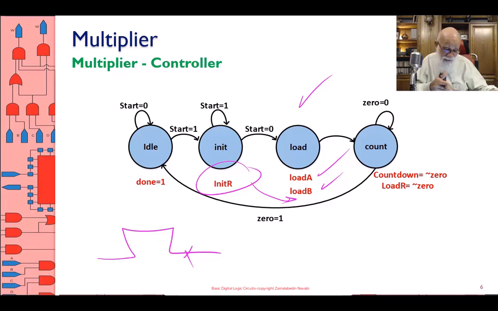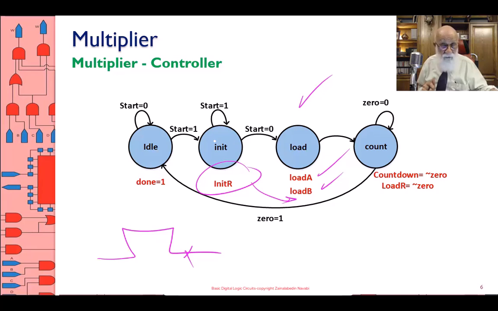You still have that prior state, the init state, so if there are other things that you need to do with register A and register B, you could do them in the init state. For as long as there's no conflict, you can do them all in one state.